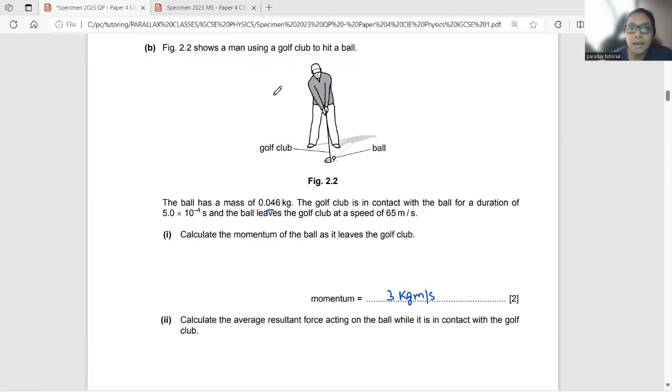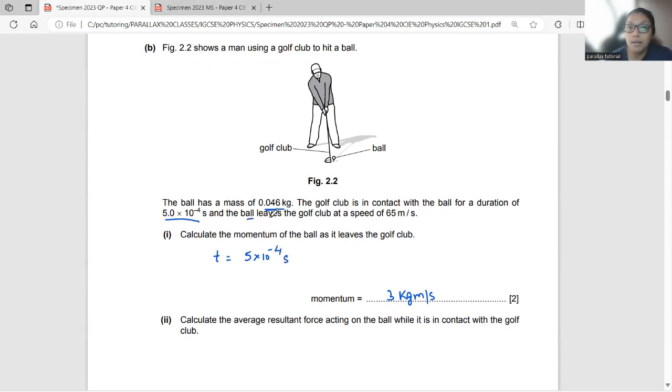So it says that the man is using a golf club to hit a ball, as the diagram shows here. The ball has a mass of 0.046 kg. The golf club is in contact with the ball for a duration of this many seconds, right? So the time is given to you, which is 5 into 10 to the power minus 4 seconds.